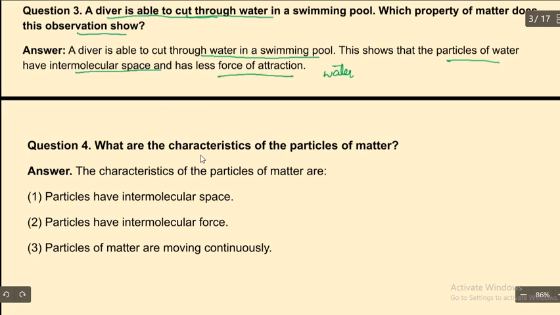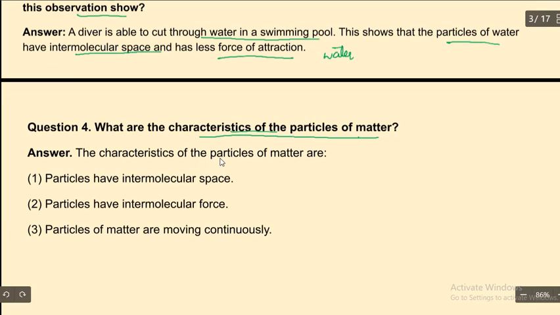Okay. So, what are the characteristics of the particles of matter? This is the important thing you have to remember. As you learned earlier, the characteristics of the particles of matter are: particles have intermolecular space, that means they have some space between them. Okay, so this space we call intermolecular space.